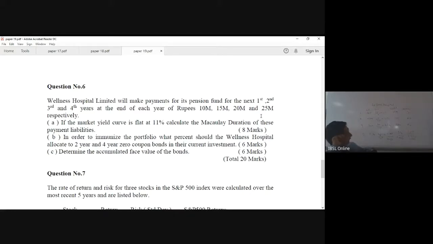Then we get the last column, weight times time: 0.172 in the first row, 0.466 in the second, 0.840 in the third, and 1.260 in the last. Altogether it is 2.738. Therefore the duration of this payment liability is 2.738 years. That is how it has been calculated.